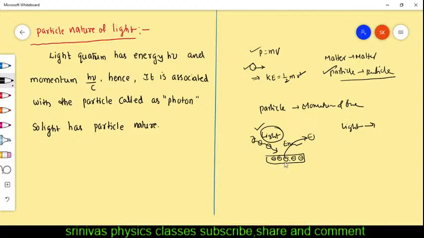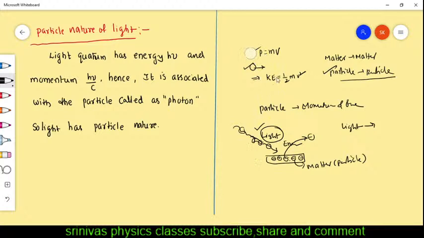Generally particles interact with particles. Matter means particles. Material is made up of particles, but light is the energy. But this light is also interacting with the particles, right? It is emitting the electrons. Electron is a particle. Light is interacting with the particle, which means light is also made of particles.